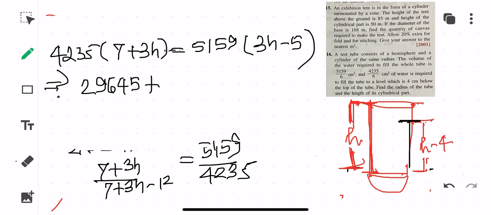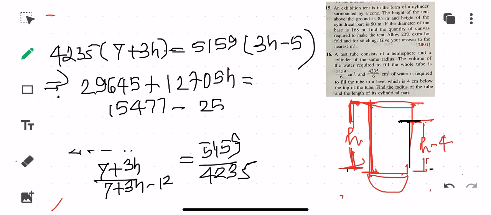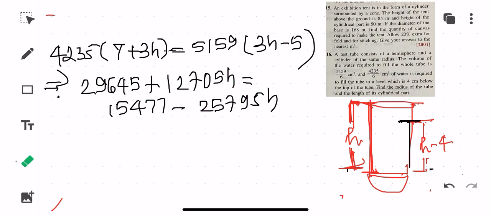And then plus 4235 into 3, which in turn is equal to 12705h, is equal to 5159. So this is 5159 into 3, which is equal to 15477, minus 5159 into 5, which is equal to 25795h. Okay, so now we'll be just subtracting that, children.